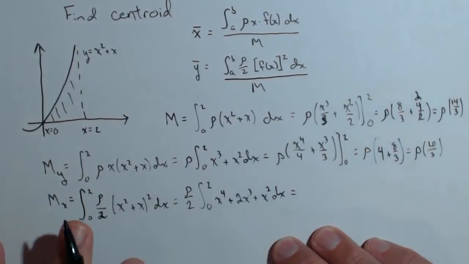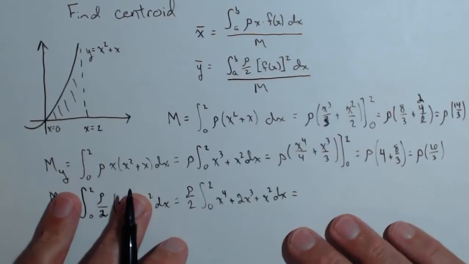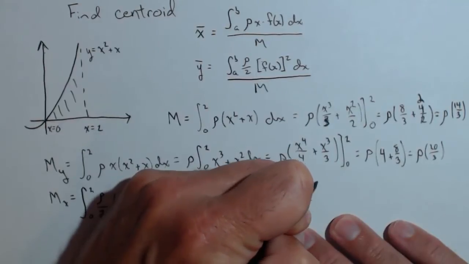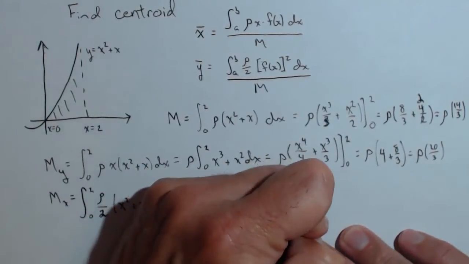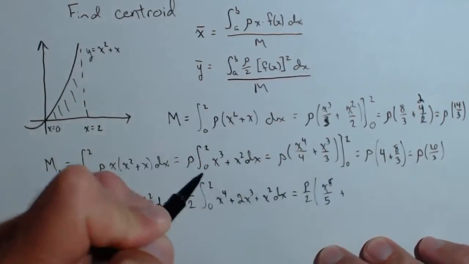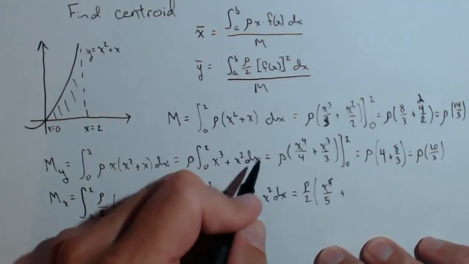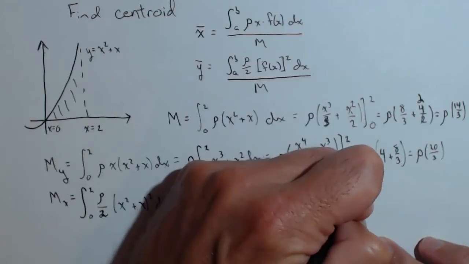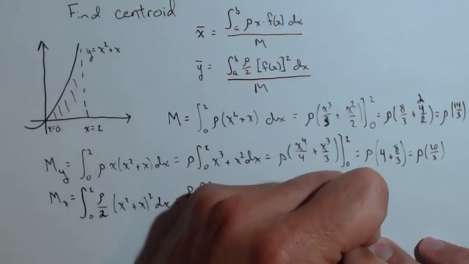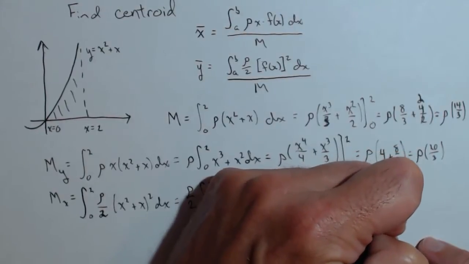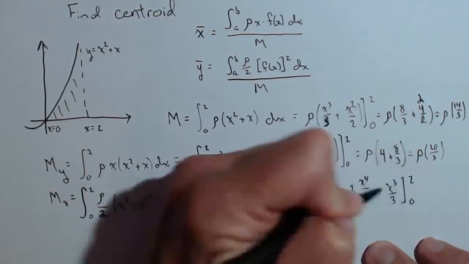I know I'm going quickly through some of this, so I'll leave it for you to check out some of the math. So rho over 2 times x to the 5th over 5 plus 2 times x to the 4th over 4, which we'll simplify in a second, plus x cubed over 3 from 0 to 2.